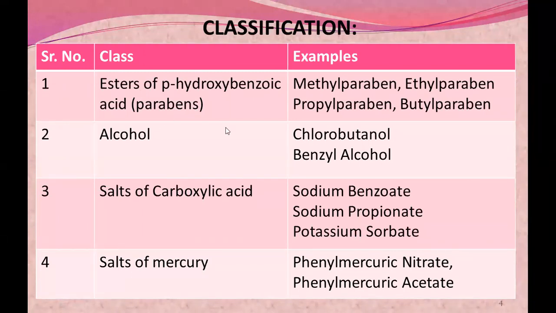Next is salts of mercury. Examples are phenylmercuric nitrate and acetate. So this is a brief classification of preservatives that are commonly used in pharmaceutical dosage forms or cosmetics. We'll see one by one what these are.